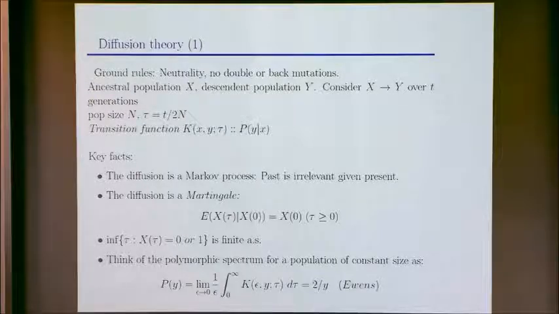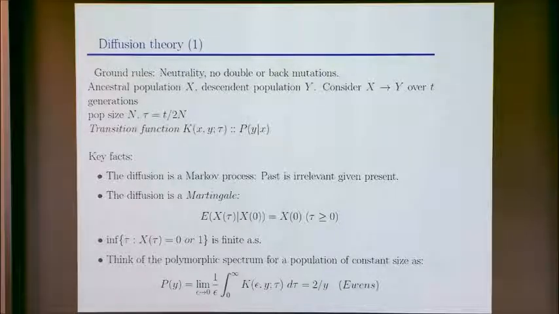I've got neutrality everywhere, no selection, and no double or back mutations. So if you see a derived allele in two places, there was an ancestral mutation event, and that's important. I think this is not a bad assumption on genome-wide human data, though there are certainly some difficulties there.